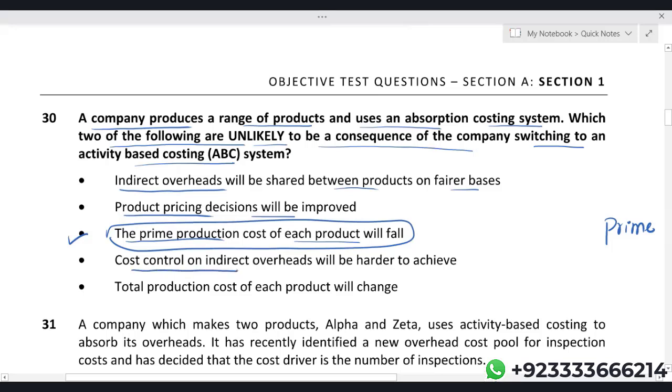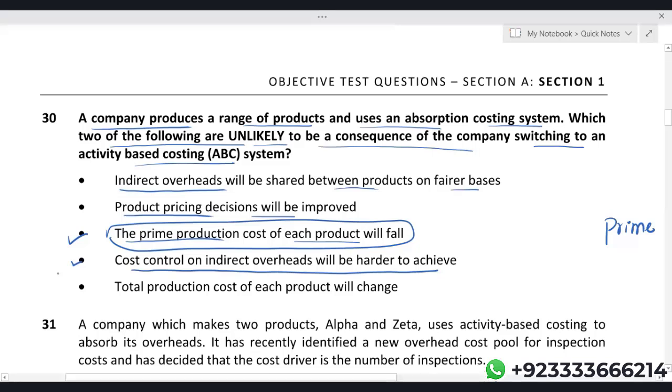Next option: cost control on indirect overheads will be harder to achieve. No, actually cost control on indirect overheads will not be harder. It will actually improve. I'm not saying it's good, but it will become easier.